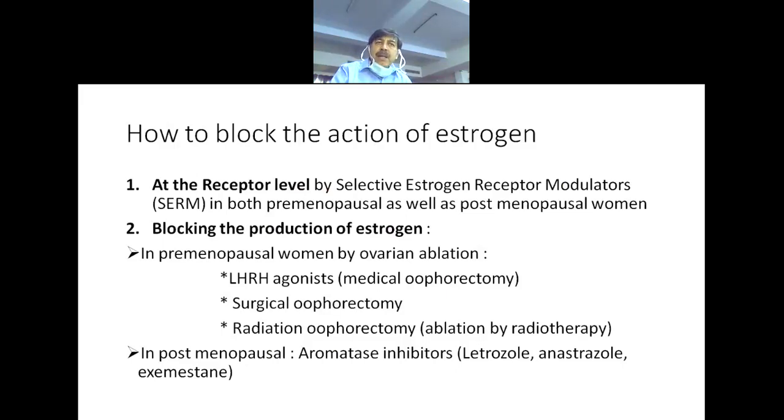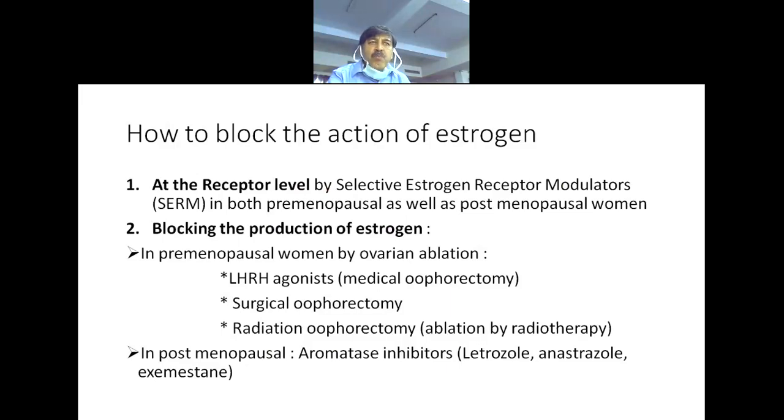At the receptor level, we can block the action of the estrogen by selective estrogen receptor modulators. So we can block the action of the estrogen at the receptor level in both premenopausal as well as postmenopausal females, and this is done by these selective estrogen receptor modulators.